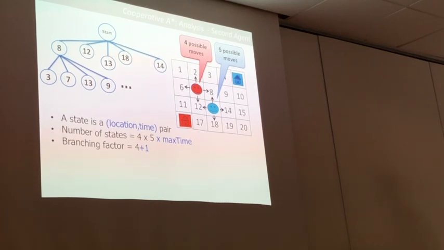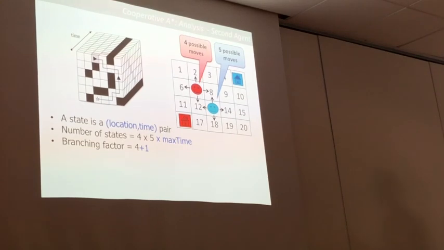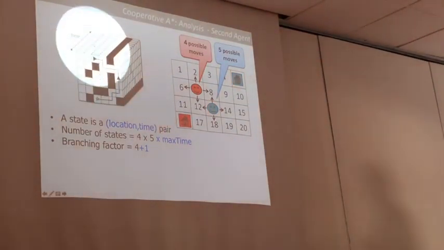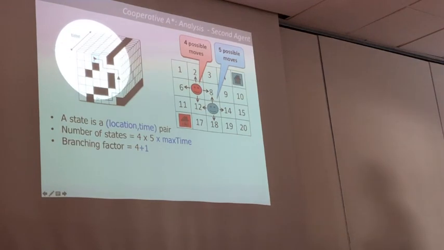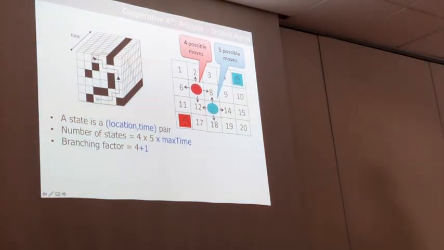So then a nice way to look at this search space is not like this, but actually like this. It's a three-dimensional search, and the z-axis, the depth, is the time. What's important to see is that the gray cubes are the locations, or time-location pairs, already taken by the previous agents.